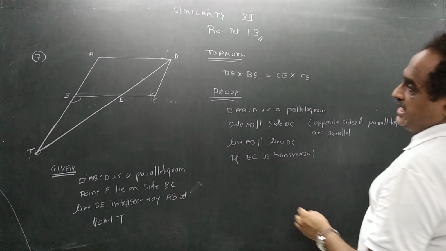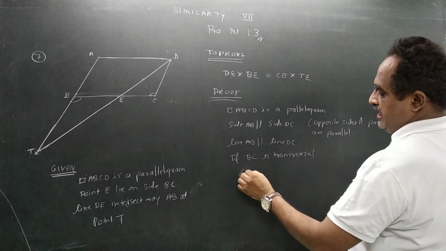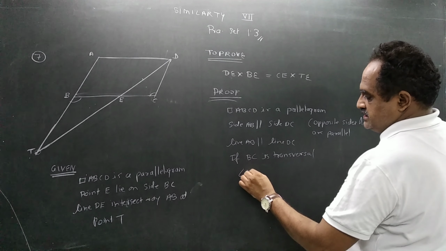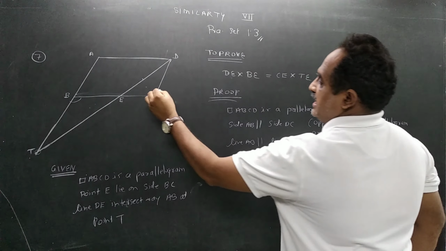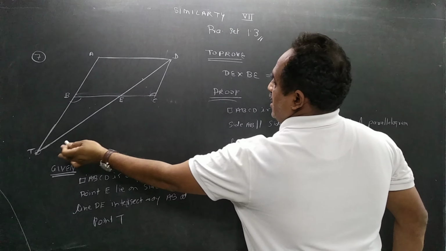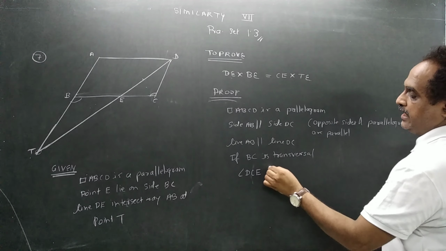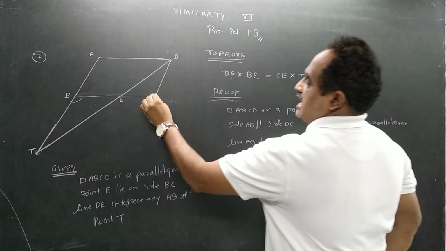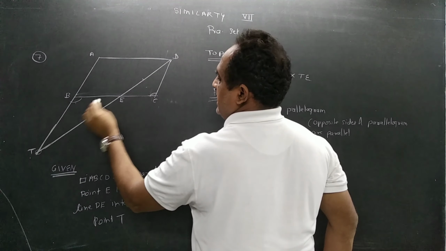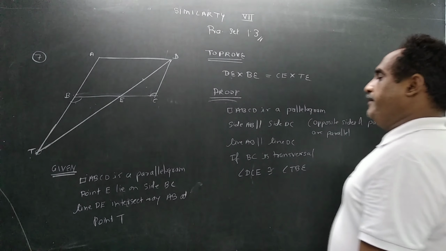I can say that angle DCE, which angle? This DCE will be congruent to angle TBE. Got it? This angle and this angle are congruent. Angle DCE will be congruent to angle BTE.